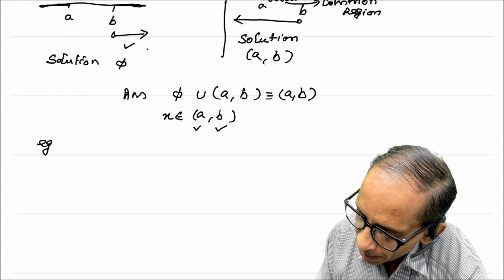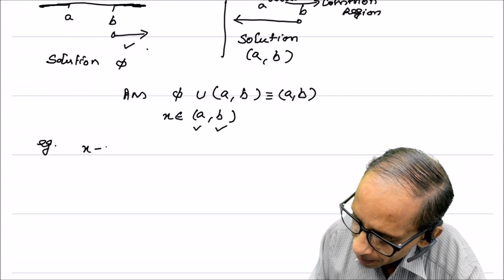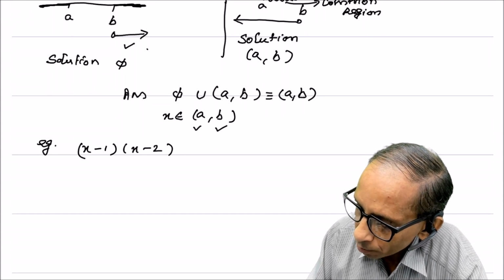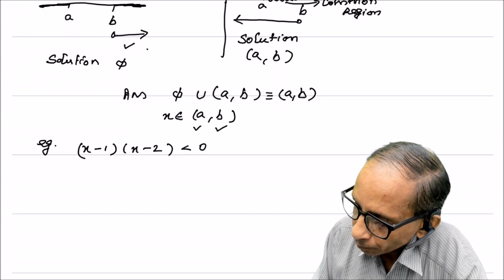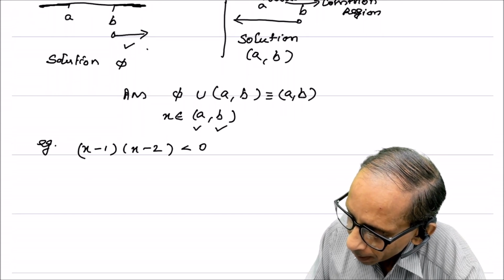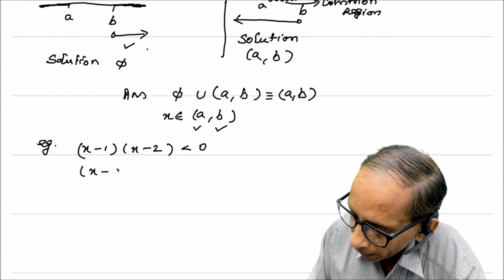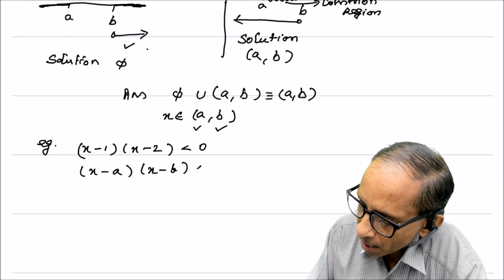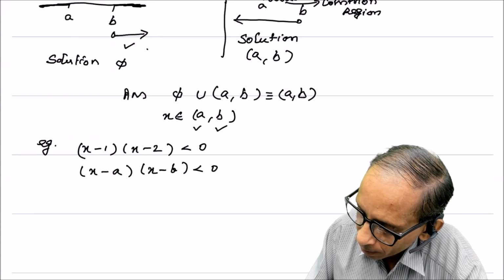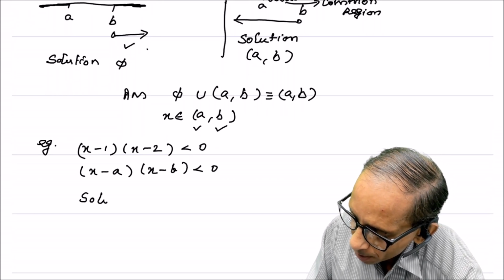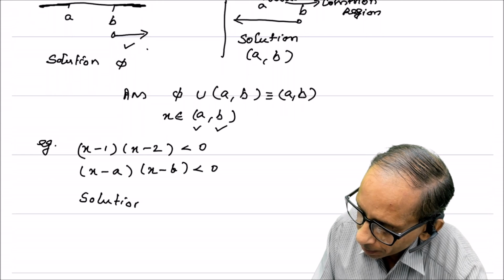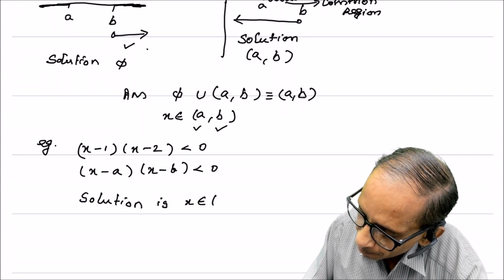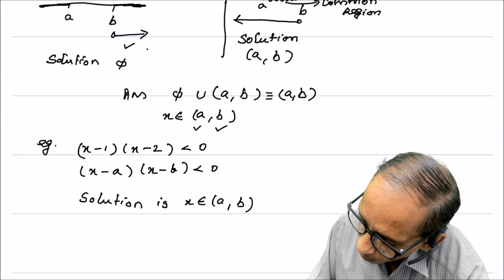we may consider this case: x minus 1 into x minus 2 less than 0. If we compare with the standard form, x minus smaller number into x minus larger number less than 0, then the solution for us by the above discussion is x belongs to a comma b.